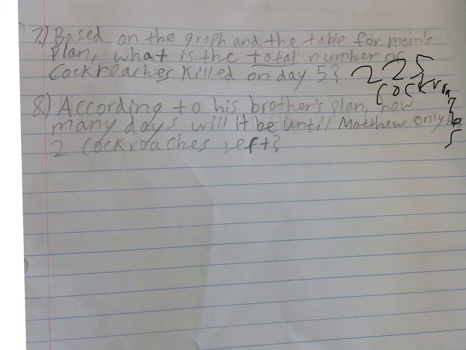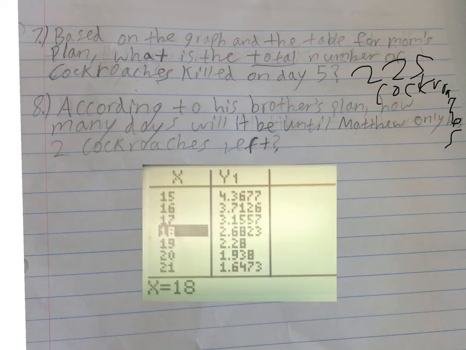Question number 8 says, according to his brother's plan, how many days will it be until Matthew only has 2 cockroaches left? So I put the equation in y equals, and the equation for his brother's plan was y equals 50 times 0.85 to the x power.